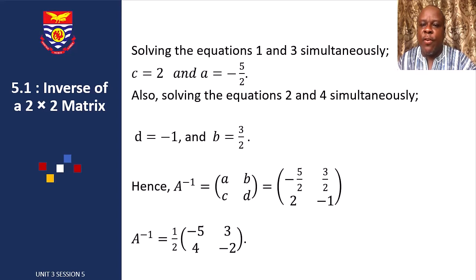So therefore, A inverse, which is equal to [a, b; c, d], becomes [negative 5 out of 2, 3 out of 2; 2, negative 1]. We can factor 1/2 out. Then we will have 1/2 of [negative 5, 3; 4, negative 2]. I hope your answer is the same as the answer we have here.